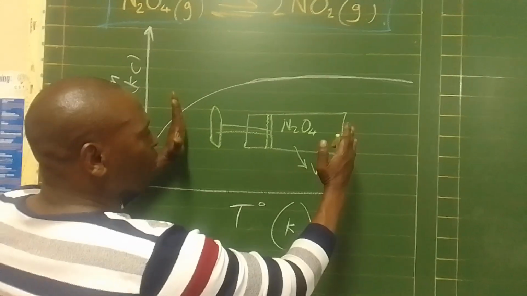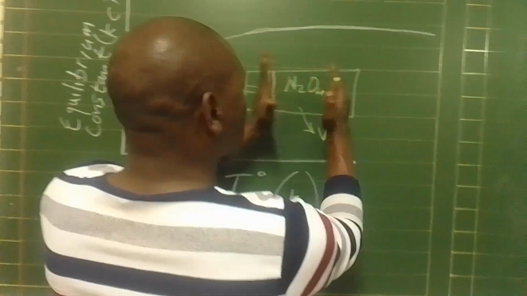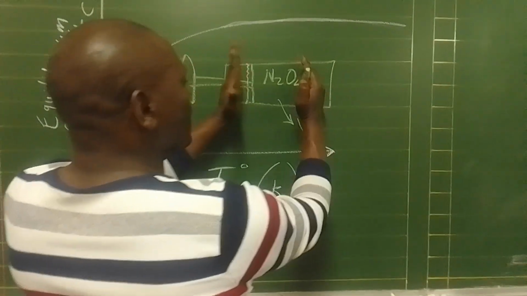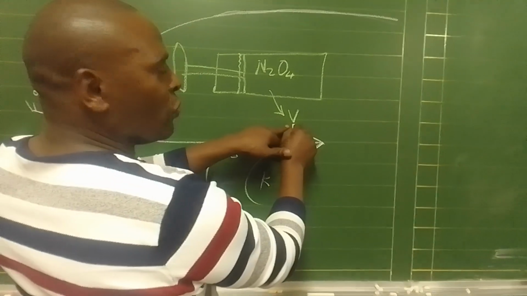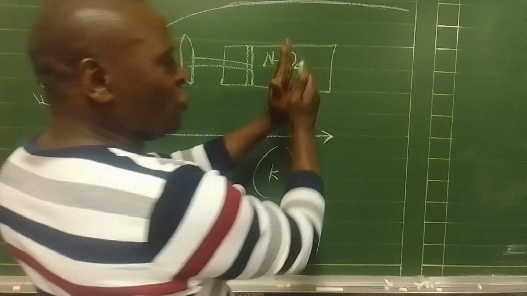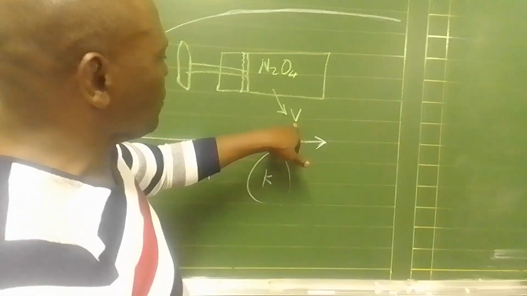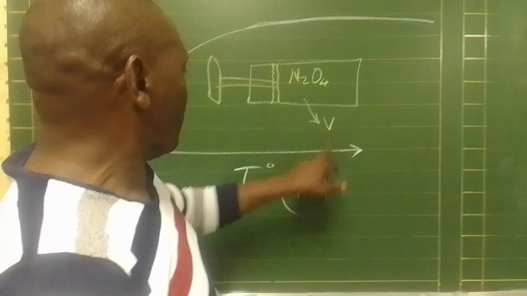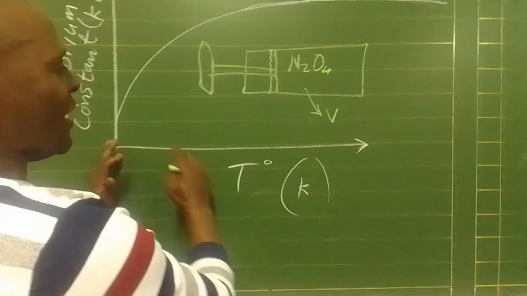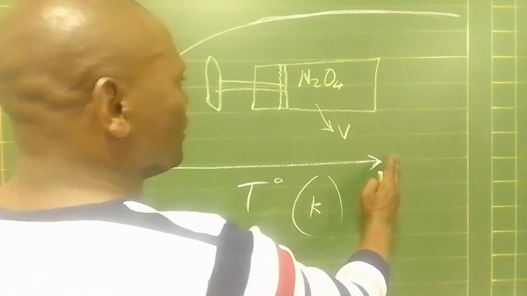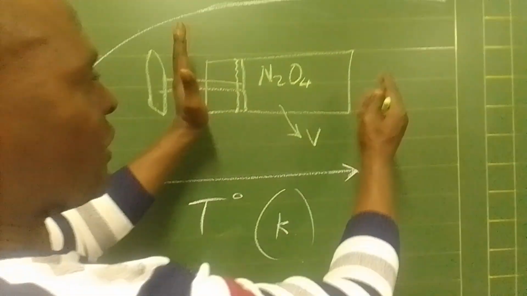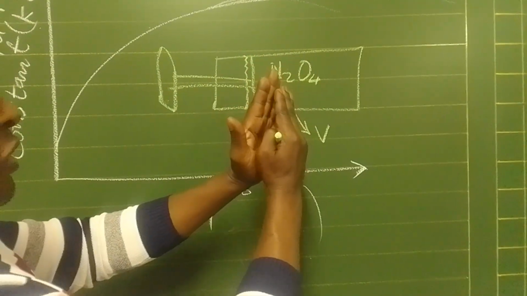Then, if you press this container, you are decreasing the volume. Once you decrease the volume, you increase the pressure. So the volume is inversely proportional to the temperature. As you can see, if the temperature rises, it means the volume drops.